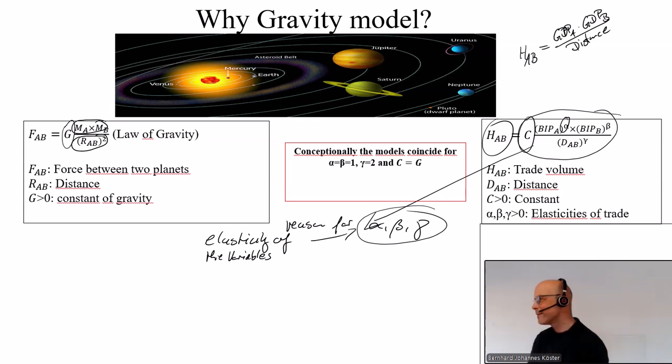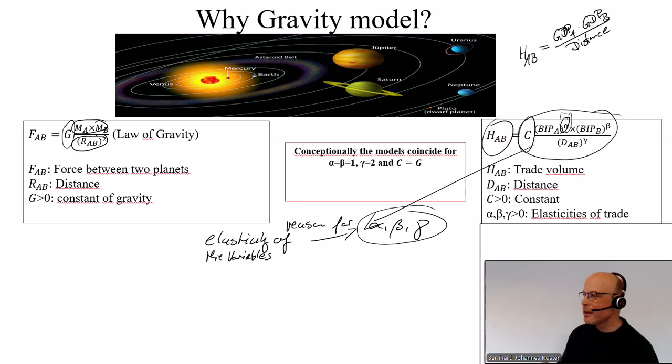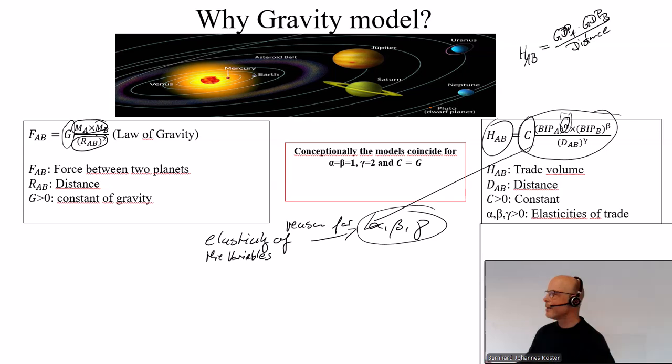So these numbers can be interpreted as how much is the increase in percent of the trade volume if the GDP of one country is increasing by 1%. And the same for GDP of country two, and the same for the distance.